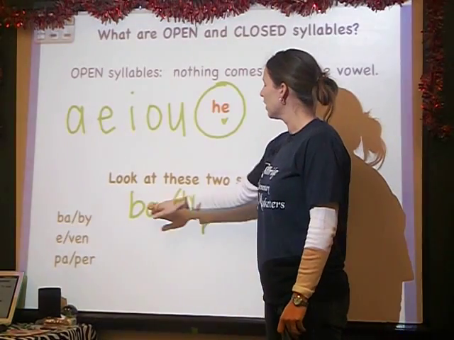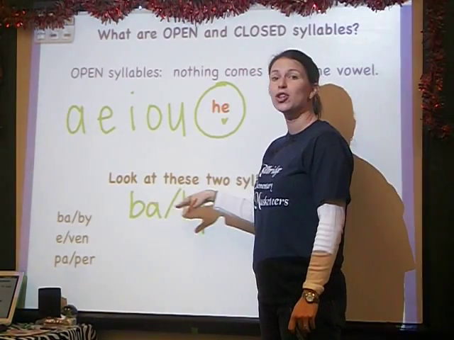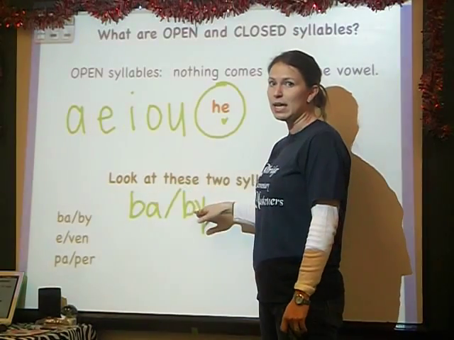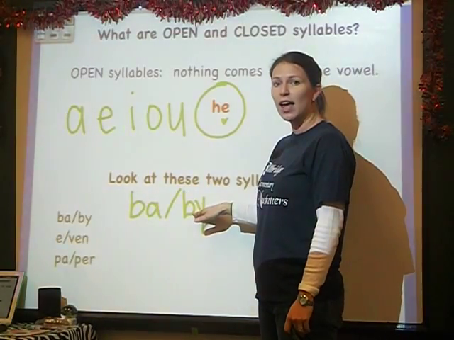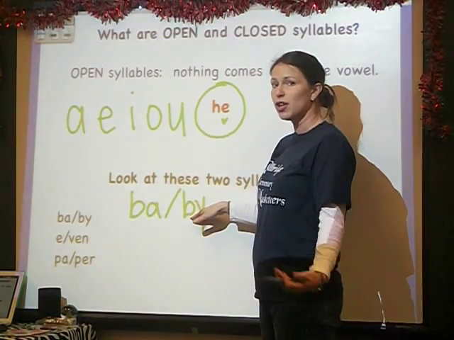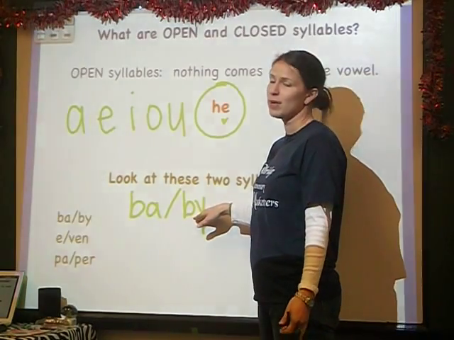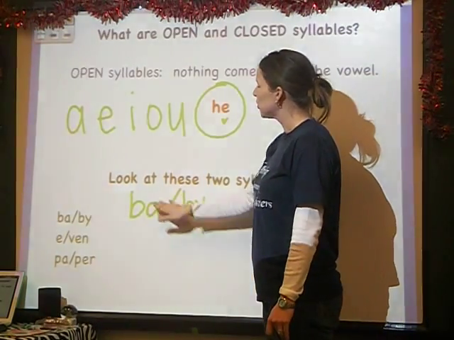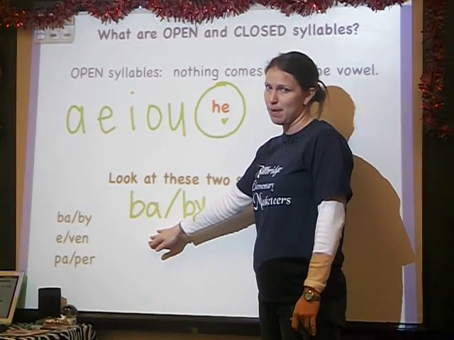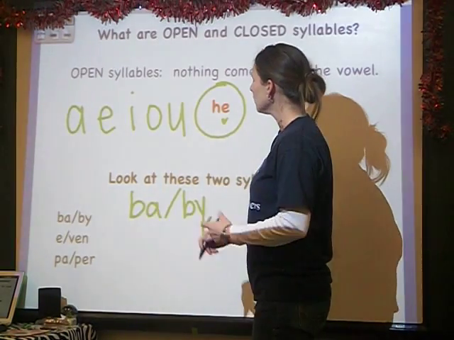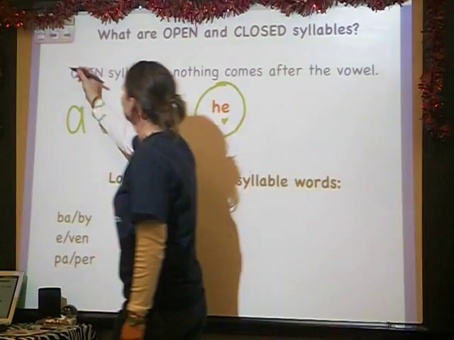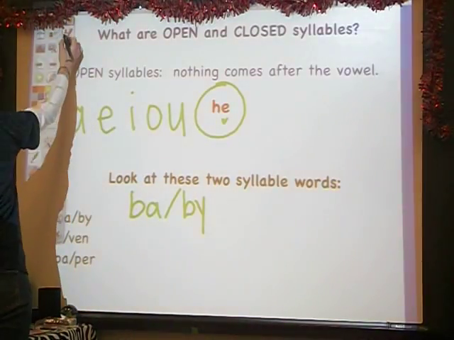So when we say the word, and I see it like this, I know that there are 2 parts to that word. Baby, baby. So when I put that together, I'll be able to use what I understand about syllabication to help me pronounce that word. Let's look at just the first part of baby, bay. The B is a consonant.